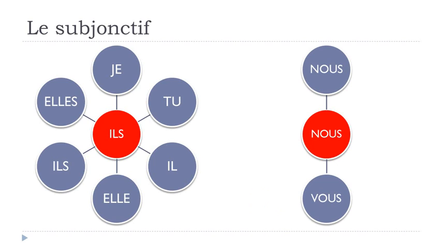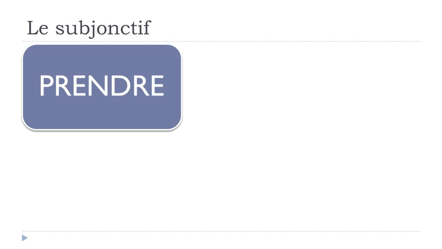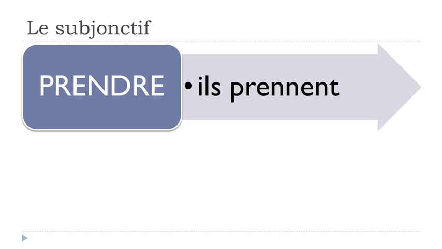So you know what? I will take a tricky verb. Just to start, we'll take a tricky verb, and after that you will think that the rest is really easy. So let's take prendre, for instance. As I told you, the idea is to take the present form of the verb. The first one we should take is the third person plural, and it goes like ils prennent. Prendre is to take.